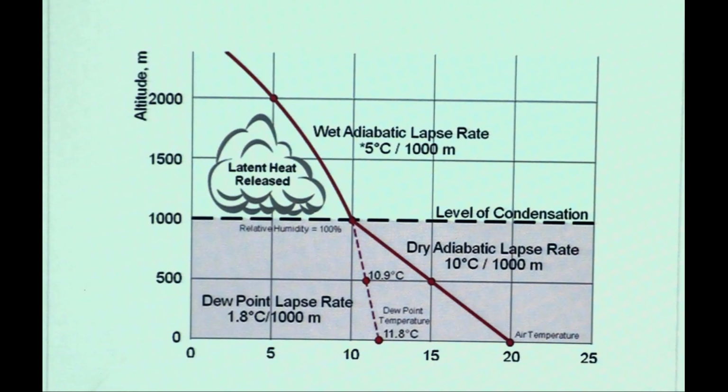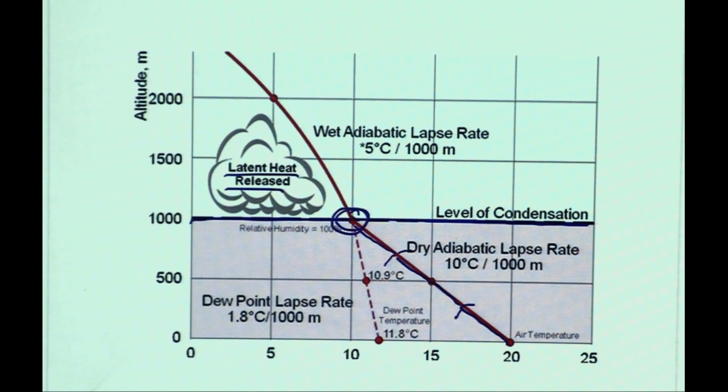Now concentrate on this figure. This figure shows 1000 meters of height, which is not necessarily always the constant one, but in this figure is the level of condensation. Level of condensation, where latent heat will be released, and it is written here with the cloud. So if the air column is rising, the red mark in this figure, the air column is rising, and the rising air column is before reaching its dew point temperature.